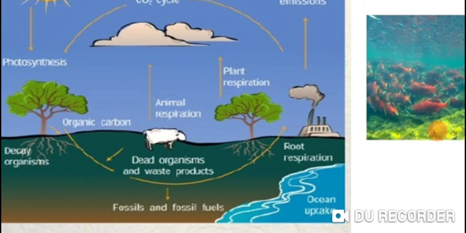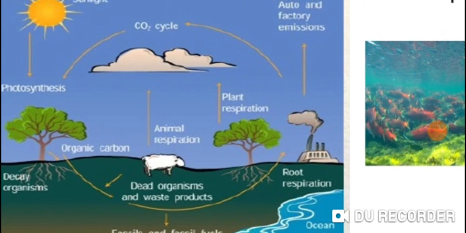You can see there's a small factory here on the right side, and in factories the process of combustion takes place. Combustion is basically burning of material, burning of plastic, burning of bricks in brick kilns, and many more. So the combustion process also releases carbon-containing compounds in the air. So all this is a form of carbon going into the environment.